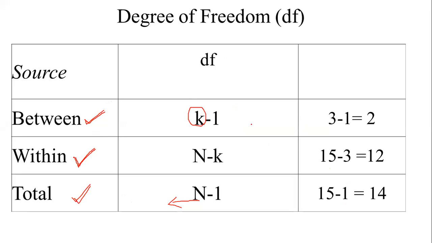And that's why we see here 3 minus 1, which gives 2. Now, N being the number of the population, 15, we have 15 minus the number of groups, which gives 12. And finally, we get the total population minus 1, which is 15 minus 1, giving 14.